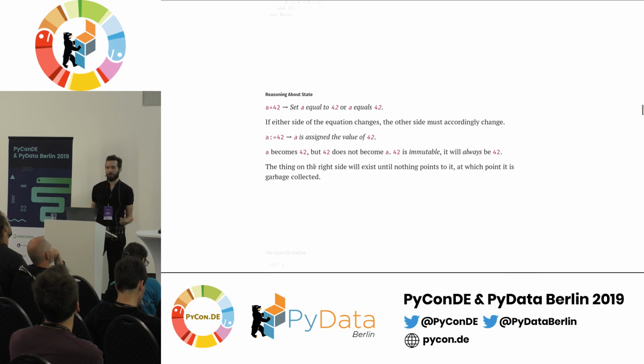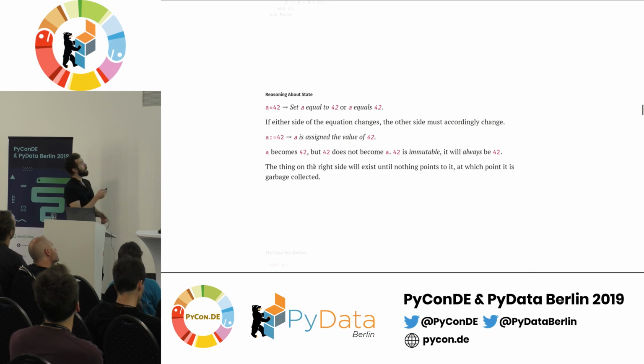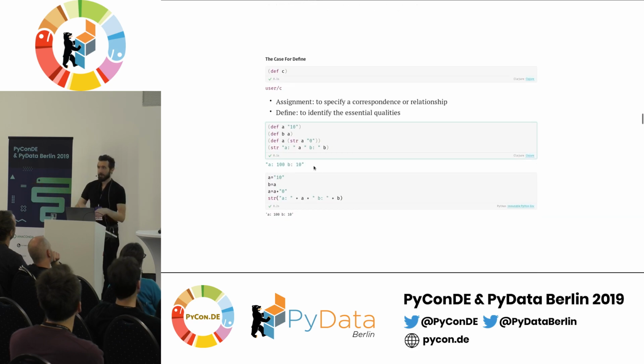This is how people read these things, whereas he felt this is a clearer syntax because A is assigned the value of 42, and because 42 is immutable, which it is in Python, when we have actual assignment, A becomes 42, but of course 42 doesn't become A because 42 is immutable. It will always be 42, and when we stop using the number 42, it will be garbage collected. So this is part of the change with garbage collection as well.